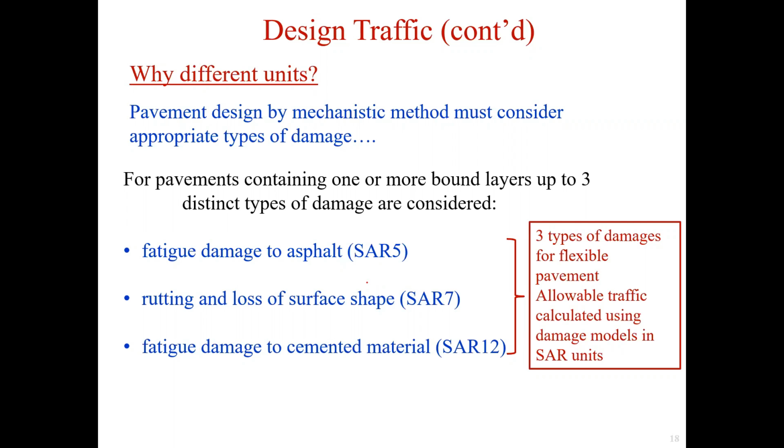However, for pavements containing one or more bound layers, up to 3 distinct types of damage are considered: the fatigue damage to asphalt, SAR5, the rutting and loss of surface shape, SAR7, and fatigue damage to cemented material, SAR12. They are the allowable traffic calculated using the damage models in SAR units.